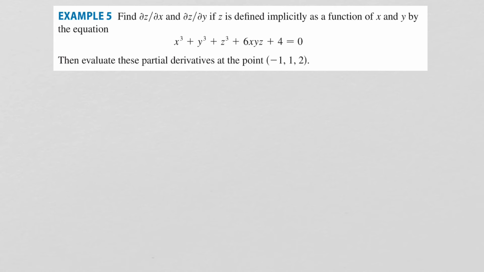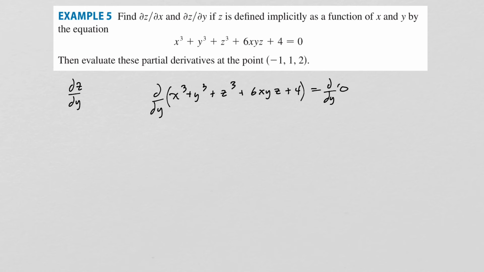Now let's take the partial derivative of z with respect to y. So to do this, once again, we're going to take the entire equation and we're going to take the partial derivative with respect to y of both sides. Let's go ahead and go through it. The partial derivative with respect to y of x cubed is 0.